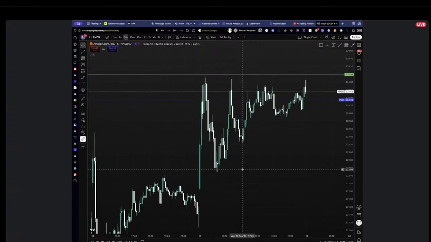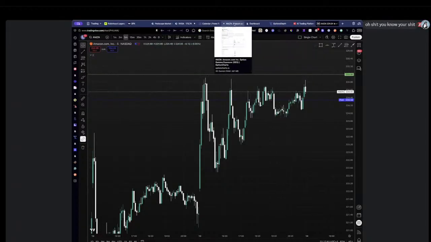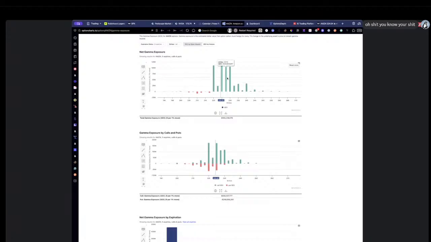The second thing you could have done is played some kind of spread. If we know that price is unlikely to move above this strike, especially intraday, because there's so much gamma up here keeping price stable, we can look at playing spreads to capitalize on that.